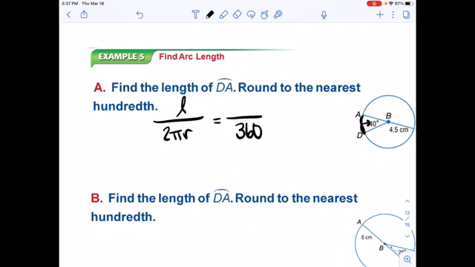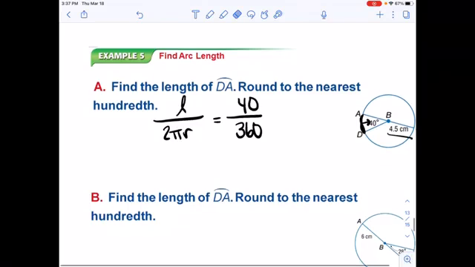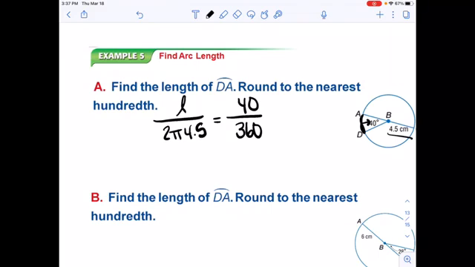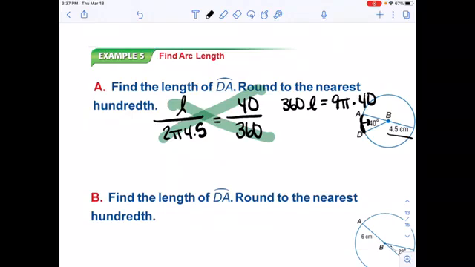I notice I'm given my corresponding central angle, so I go ahead and plug in 40 for X, and I'm given my radius of 4.5. Now I just cross multiply to solve for the length. So I get 360L is equal to 9 pi times 40.